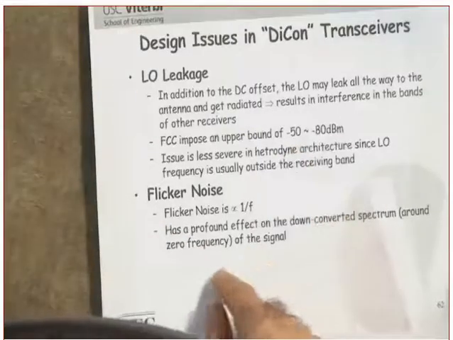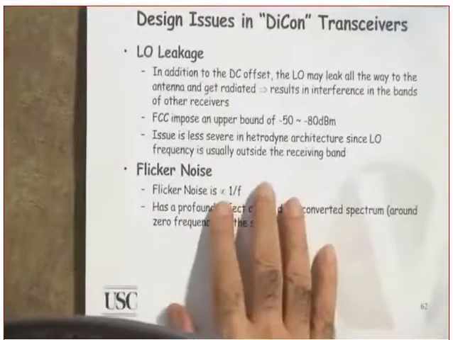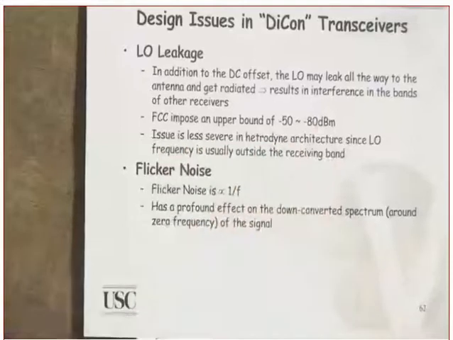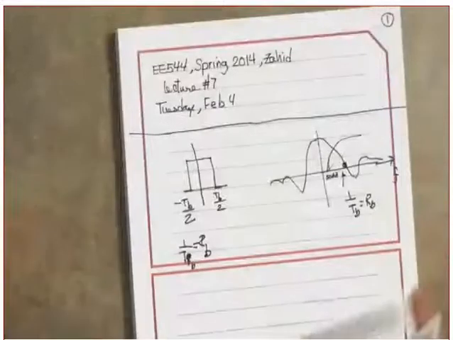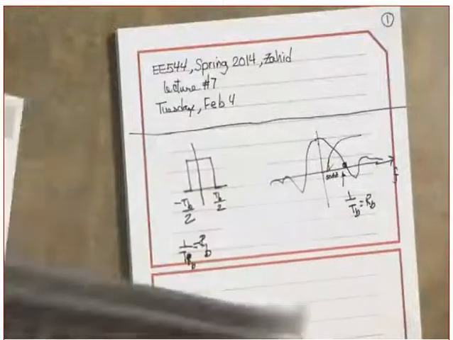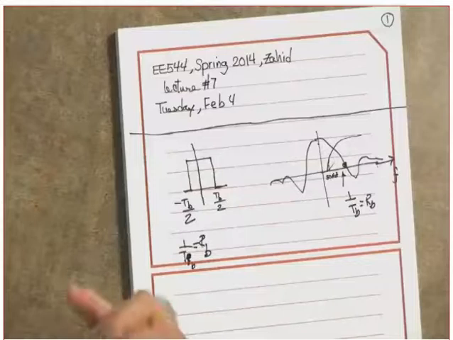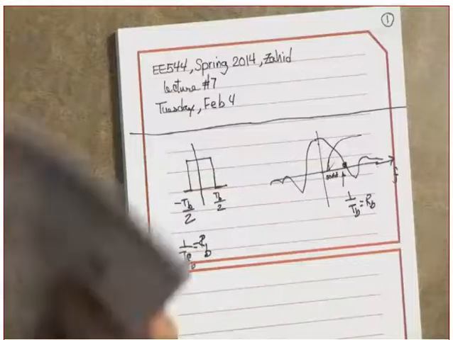Clear? So you need to make sure that we don't have that problem. Again, as I told you, it's less severe in the heterodyne receiver because the heterodyne does not use the local RF. It's not the same as the DC.